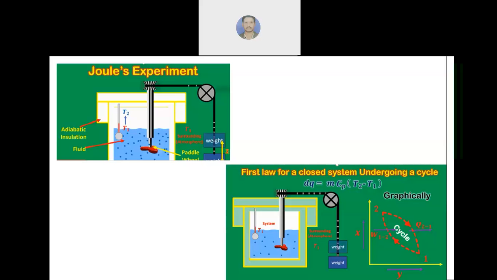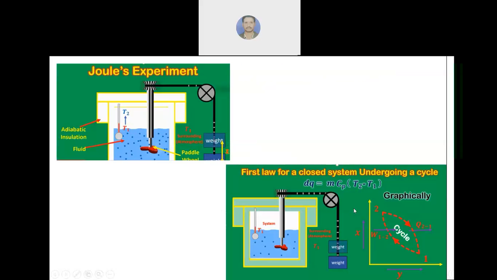When we go in process 1 to 2, work is done W12. But when you return from 2 to 1, there is heat transfer. How? In the initial case, when the weight was lowered, due to the height there is potential energy, so there is work done due to the potential energy.